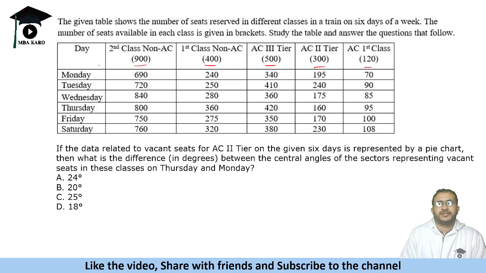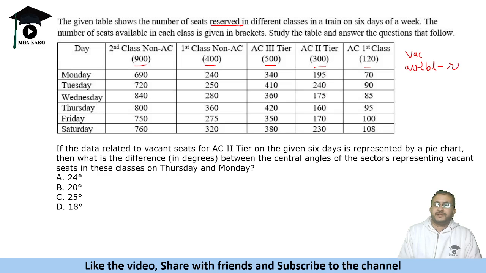Okay, this is the number of seats reserved. All right, and then if the data related to vacant seats will be available. Vacant is available minus reserved. Okay, that is some common sense you need to apply.